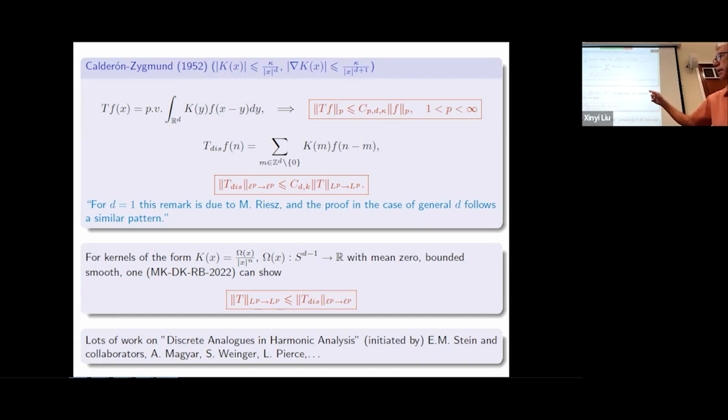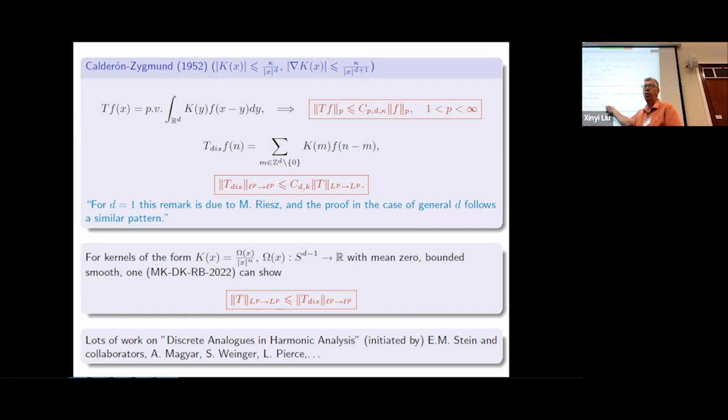But not only that, the p norm is bounded for various general classes. This is actually a recent paper with Mateusz Kwaśniewski and Dao-Sung Kim. For these kernels, you can actually prove that you have less than or equal, with constant 1, for the discrete.